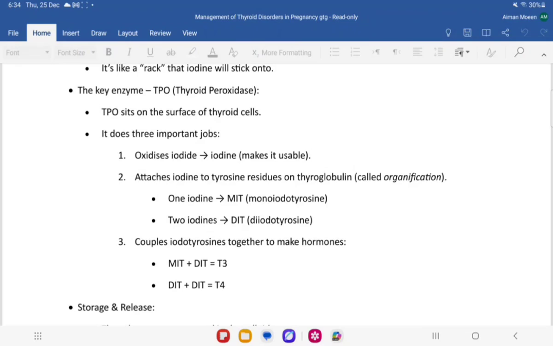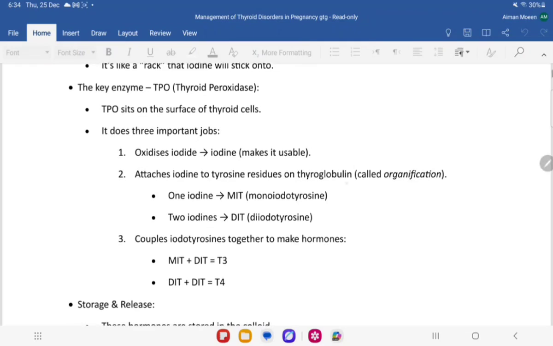Now once it is oxidized and in the usable form, it is attached to the tyrosine residues on the thyroglobulin. One iodine attached to the tyrosine we call monoiodotyrosine.